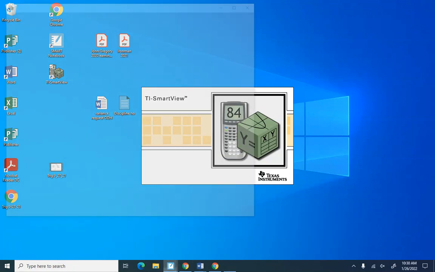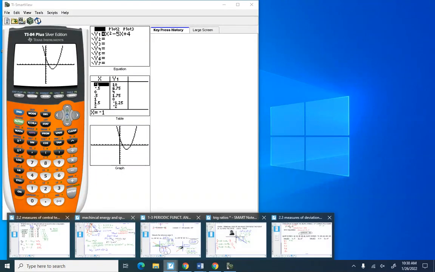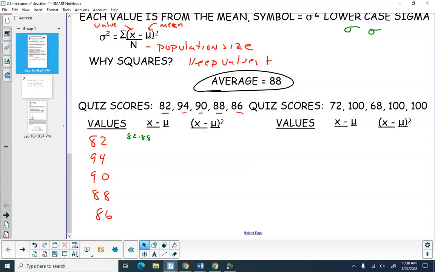Value minus the mean gives us -6, and then we have to square that. When we run into problems is when we square -6 and get -36, which is incorrect.